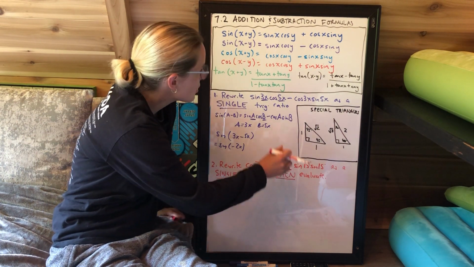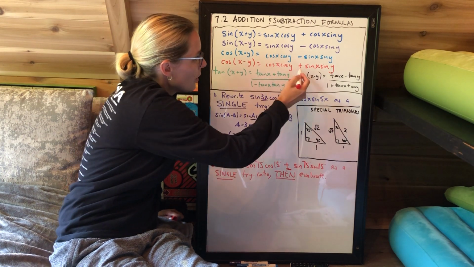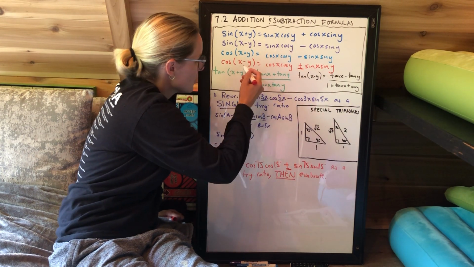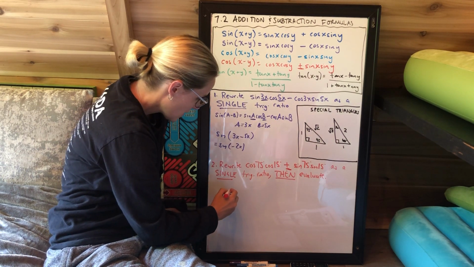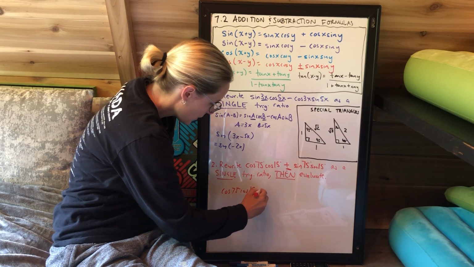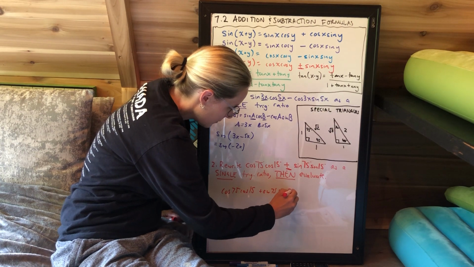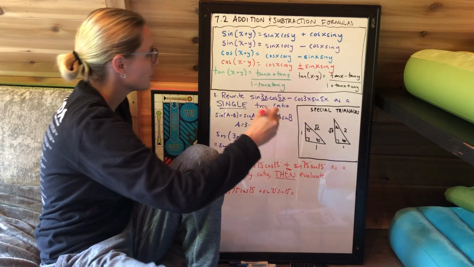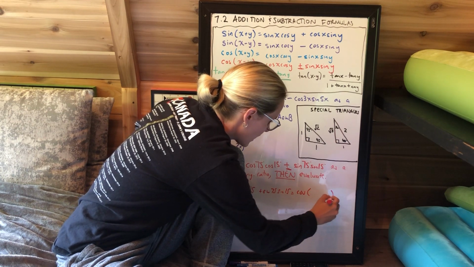Two cosines and two sines are one of the cosine formulas. The one that has addition is this one. So cos 75, cos 15, plus sine 75, sine 15 is going to equal cos of x minus y.